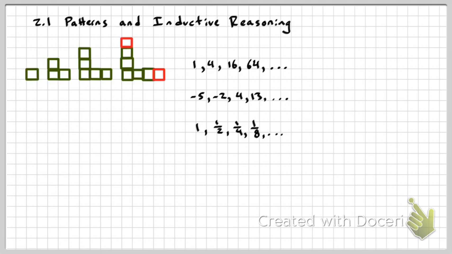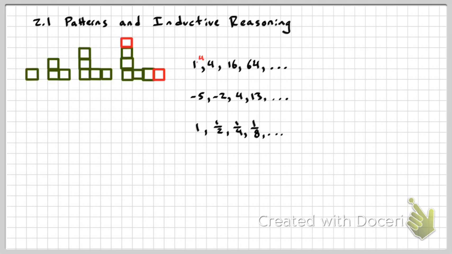Keep that in mind. Now let's look at our number sequence. So we go from 1 to 4 to 16 to 64. So based off of that pattern, what should our 5th number be? Well, let's look at what's happening. I'm getting 1 to 4, 4 to 16, 16 to 64. I'm multiplying each one of these previous terms by 4.